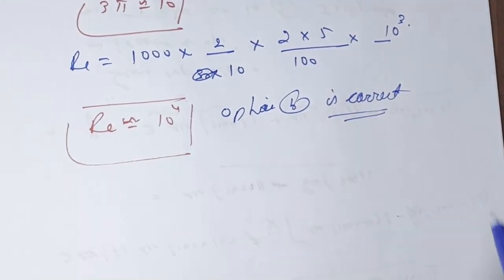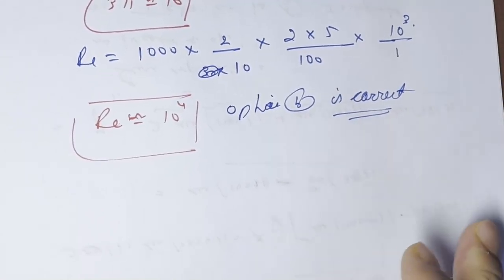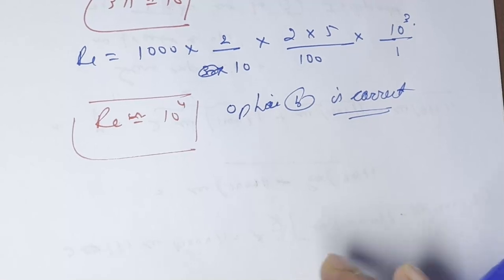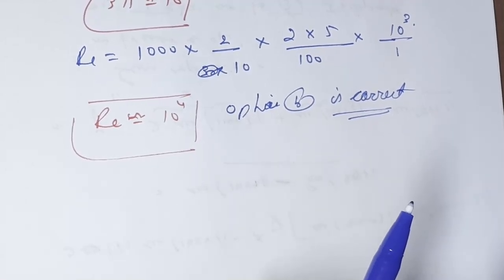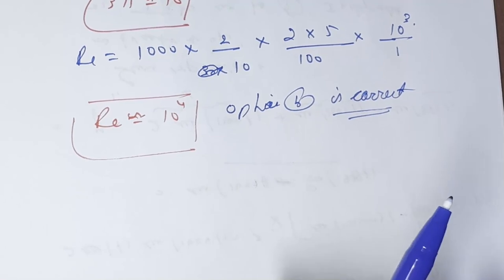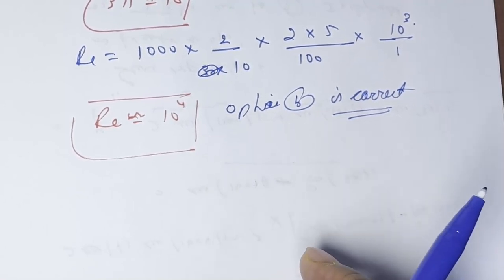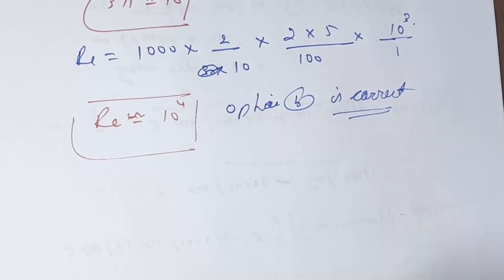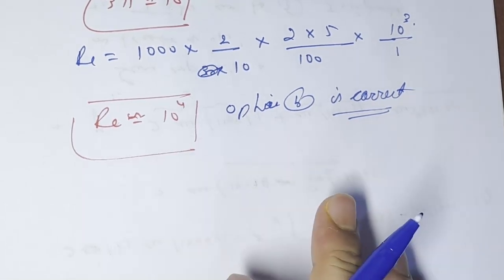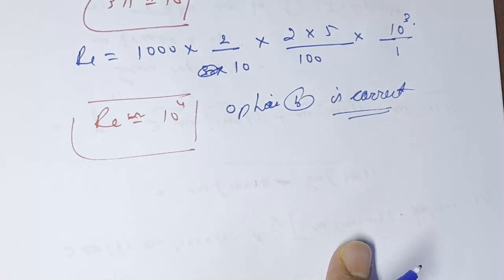So this question was quite simple, except for the different parameters given to us in terms of different units, like 100 liters per minute was given and we converted that into meter cube per second, and viscosity was given in millipascal. So that was the only thing. Rest is based on the direct formula for this Reynolds number. So this completes the question. Thank you.